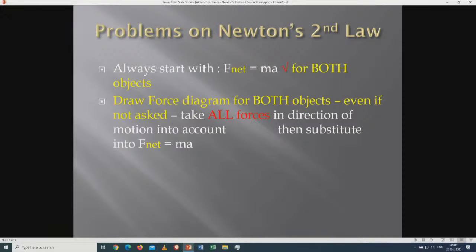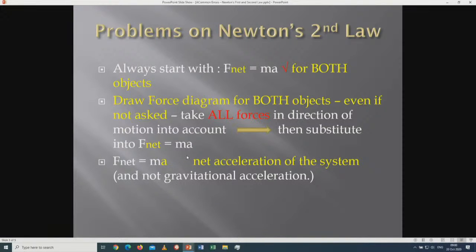Sometimes it can only be one object, and then it's still very important. Why? Because you want to take into account all the forces, and very importantly, in the direction of the motion. So you must take all the forces acting on the body in the direction of the motion into account. That's the reason. And then you can start substituting for each body into Newton's second law.